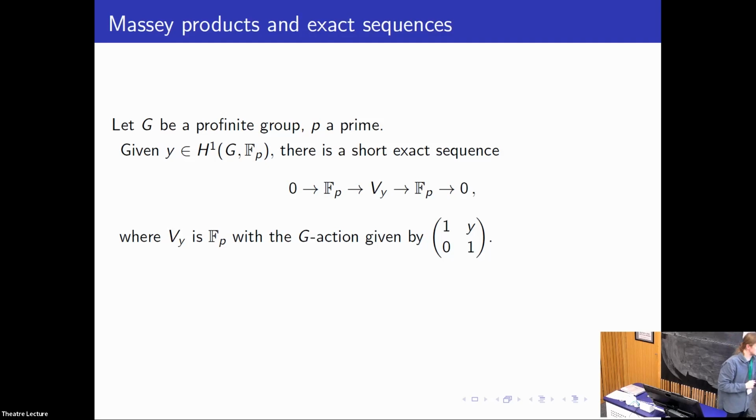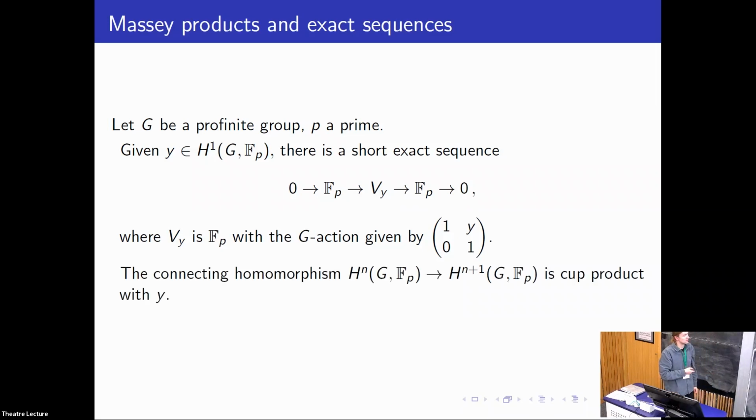There is such an exact sequence, and it uses this cohomology class. This is what is known as the Arason exact sequence. Then you can show that the connecting homomorphism is the cup product with y. So we can realize the cup product in terms of connecting homomorphisms.